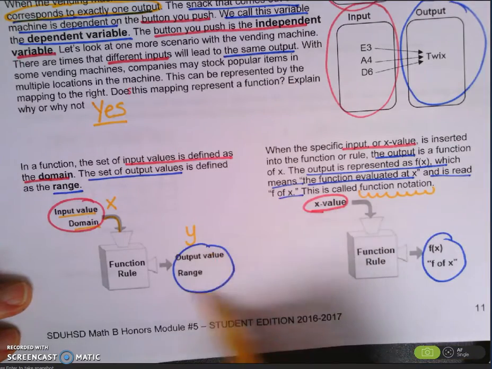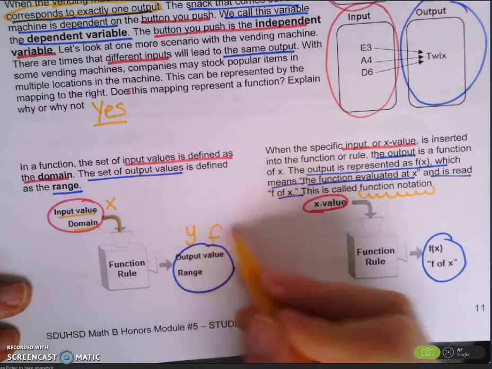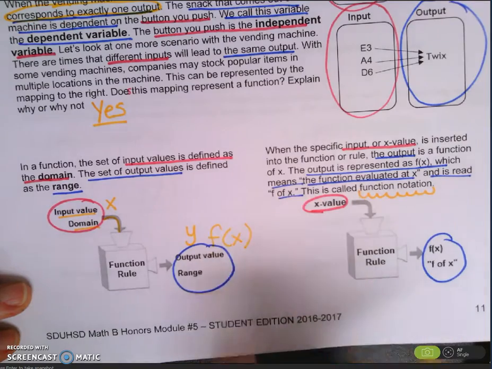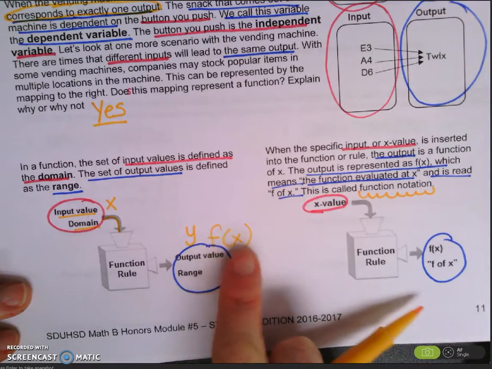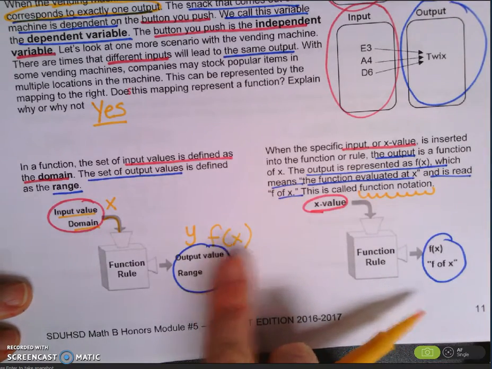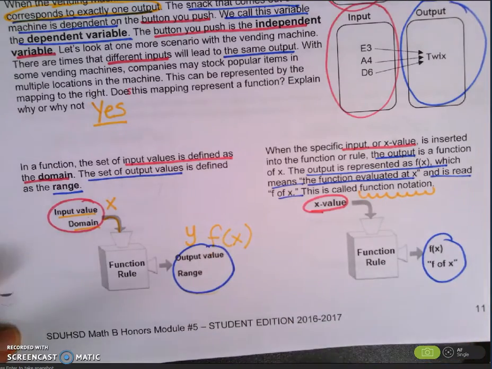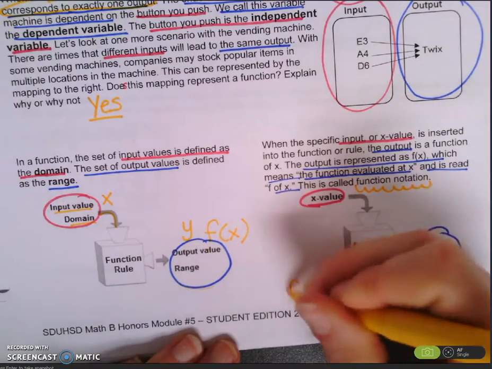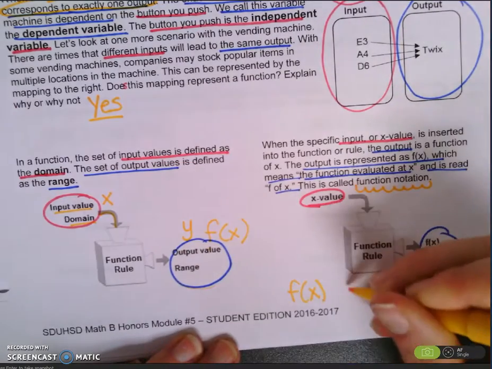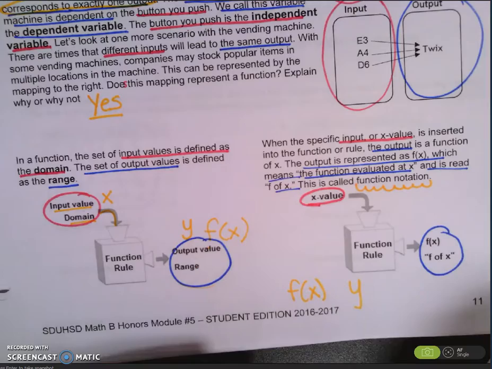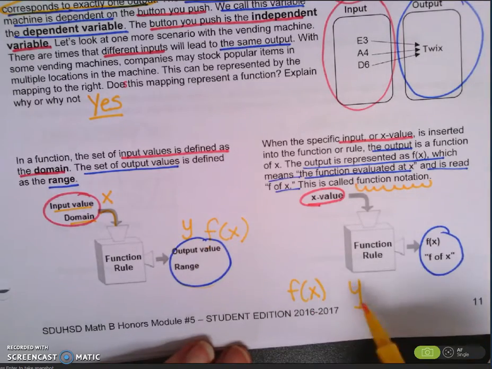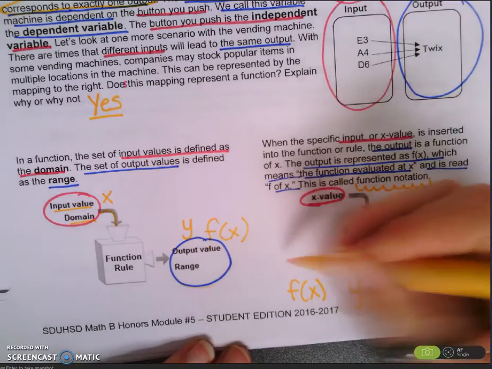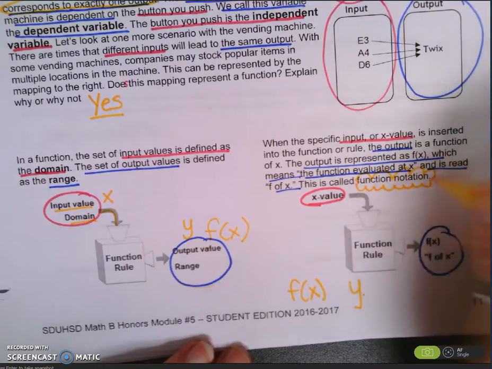The output is represented as f of x, which means the function evaluated at x and is read "f of x." That's called function notation. But I want you to remember that f of x is just a synonym for y. F of x is a synonym for y, and f of x is called function notation.